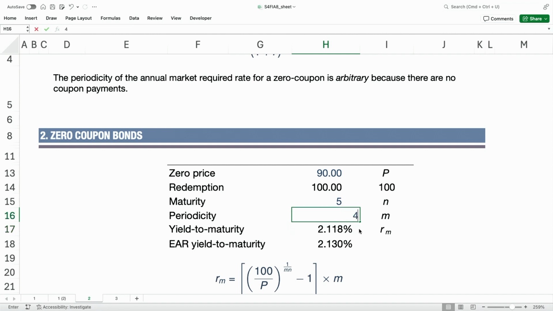If we assume quarterly compounding, we get 2.113%. But if we then turn these bond equivalent yields into effective annual rates, we always get 2.13%. The reason is there are no coupons.